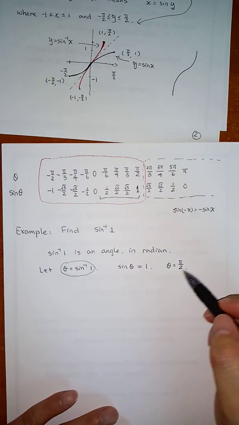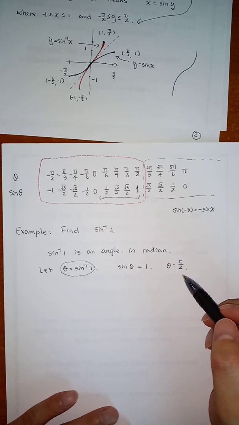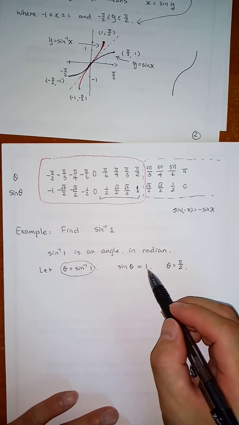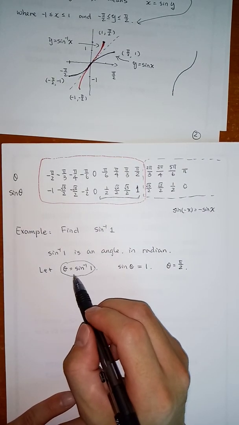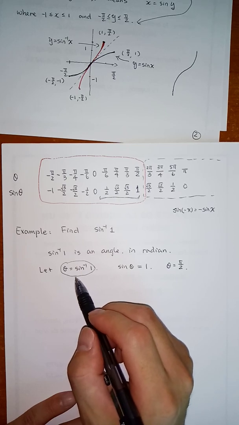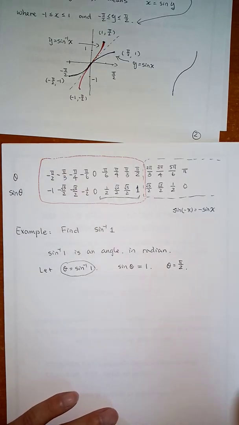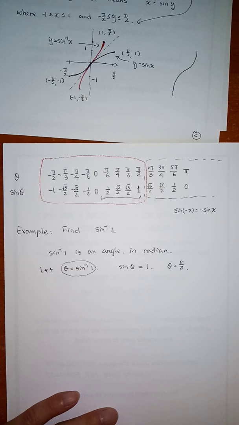It's periodic, plus any 2k pi, you will get sine theta equal to 1. But our theta is from the inverse sine, so it's always between negative pi over 2 and positive pi over 2. Okay.